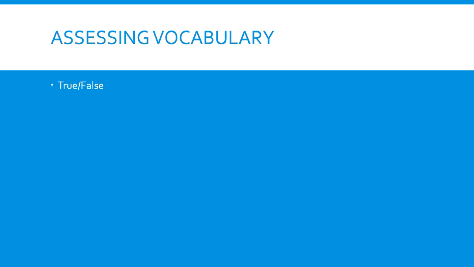You can use true-false questions. So is a cup something we sit on, true or false? Multiple choice questions, so we would give a word, maybe several choices of the meaning of the word, and students would have to choose the correct answer.